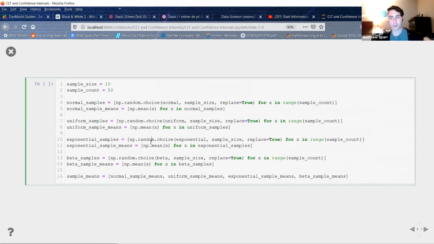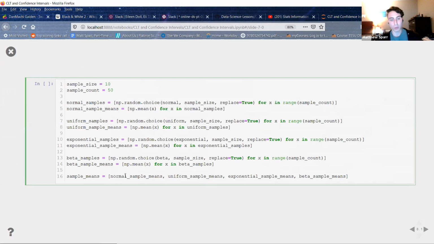All right, so now we're going to take some samples for all 4 of these. What this does is we set our sample size and the number of samples we want to take. We're going to start with a sample size of 10, and then we're going to take a group of 10 samples 50 times. For each of these, it's doing that. And then it's calculating the mean for all of those samples for each of those distributions.